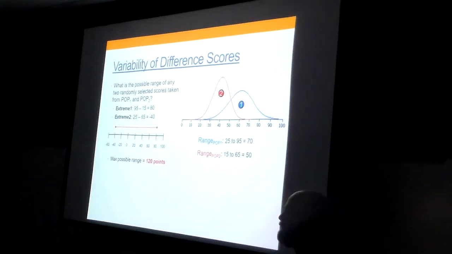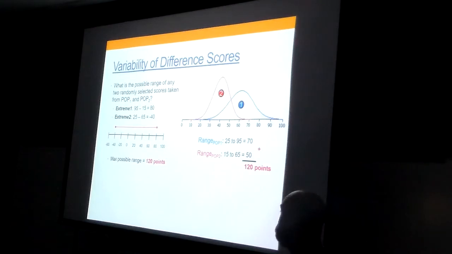And if I put this on a number line, right, at the highest, I've got a difference of 80 towards the direction of population 1, or 40 in the direction of population 2. If I take this up, this is a 120 point span. If I add these two ranges, it also gives me the same point, right?